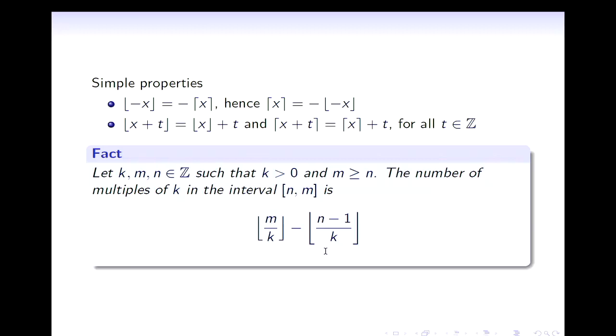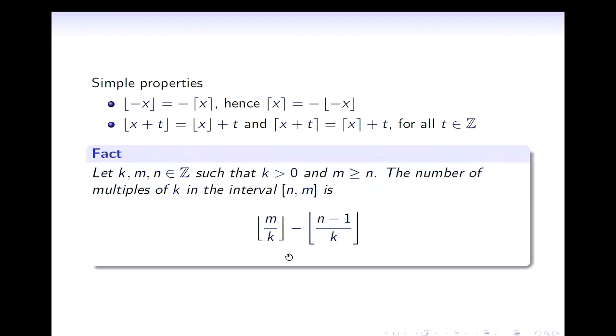It has to be smaller than minus 1.5, and therefore it's minus 2. Now that would be the same as taking minus the ceiling of plus 1.5. The next largest integer would be 2. And therefore we see the floor of a negative number is always minus the ceiling of the positive number. And vice versa, if you take the ceiling of x, then that would be minus the floor of minus x.